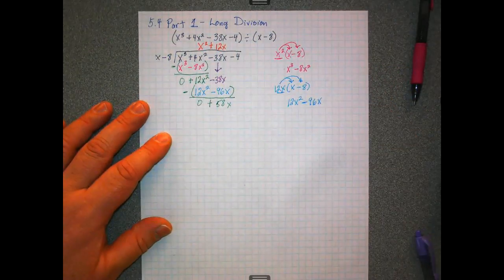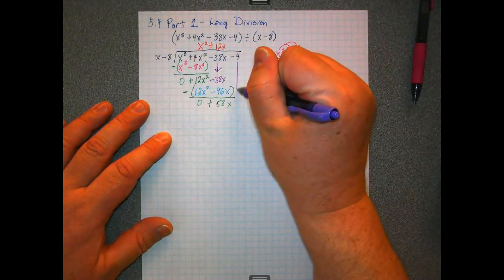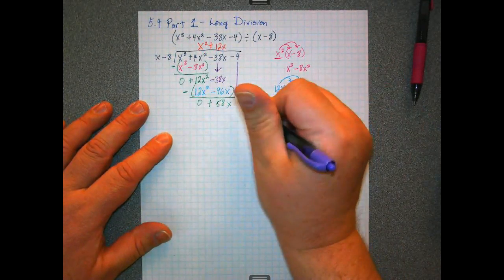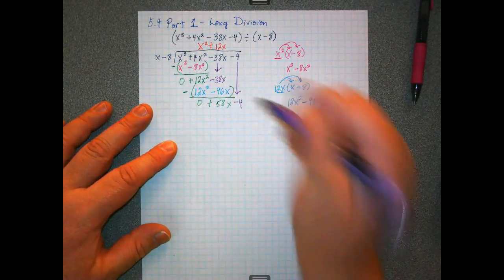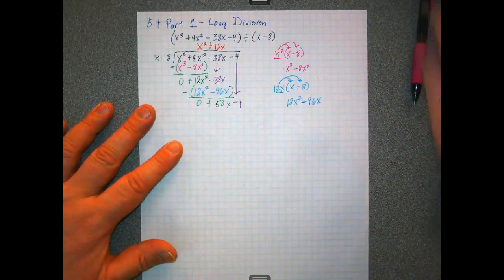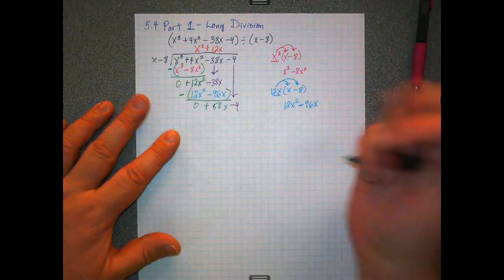Bring down your final term, digit, number, whatever you want to call it. And we have one more time we have to do the process over.